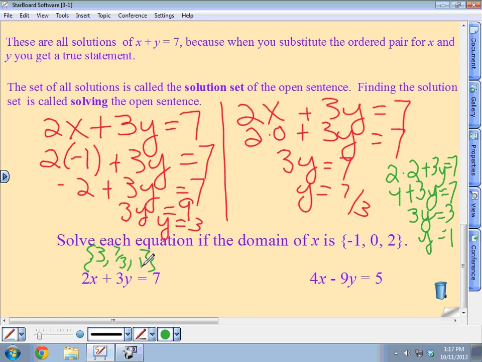Okay. So everyone has a paper. Do that for 4x minus 9y equals 5. So do that and throw in your 3 numbers for x, and then come up with 3 solutions for me.